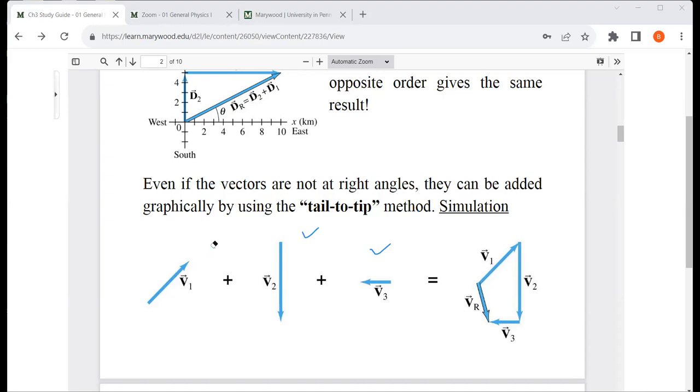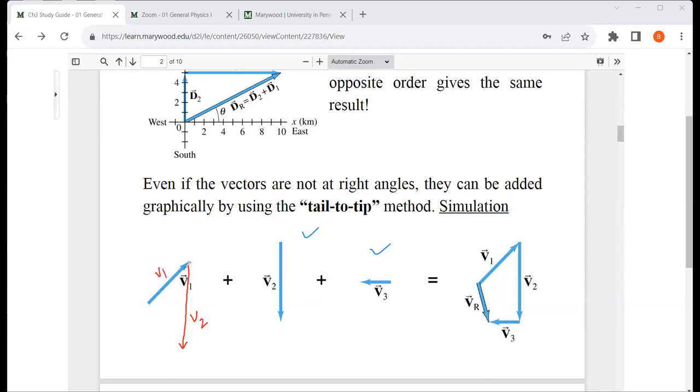This is the head, and this is v2, right? So from the head I draw the second vector, and it should be this one. So v1 is this one, v2 is this one.